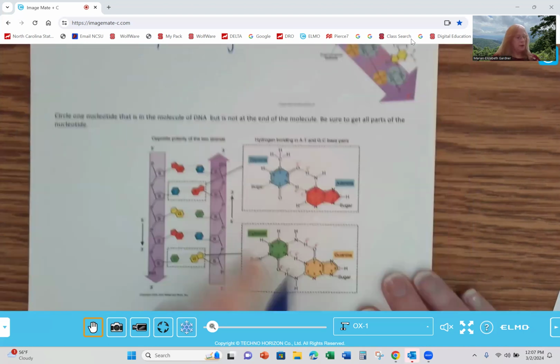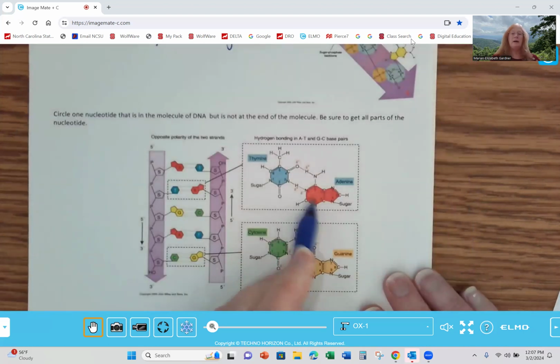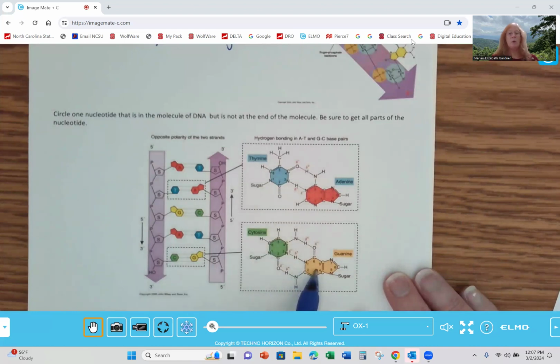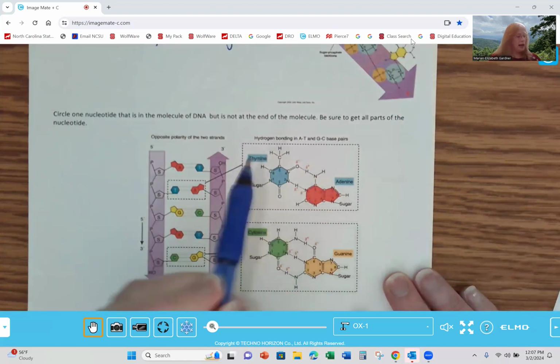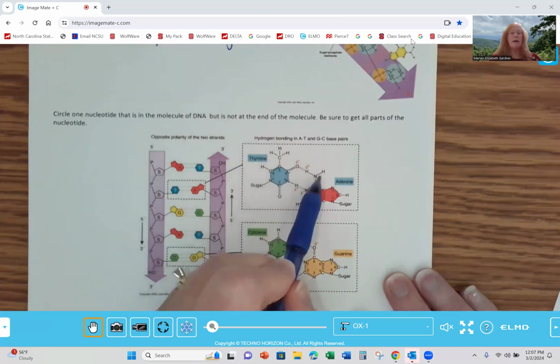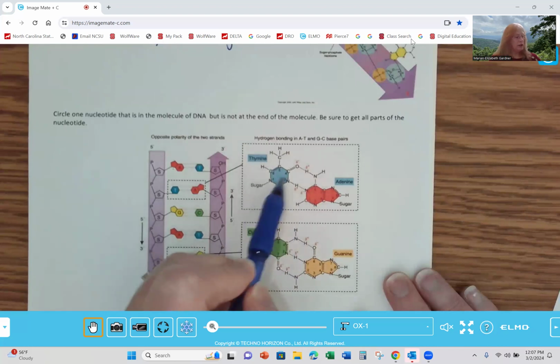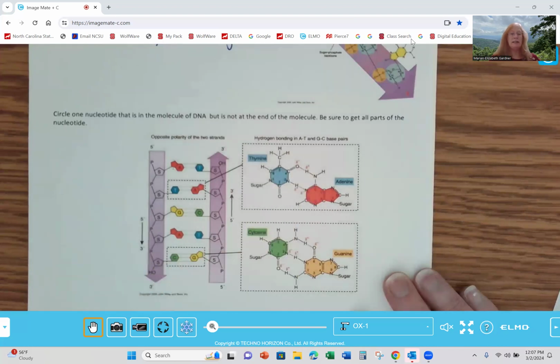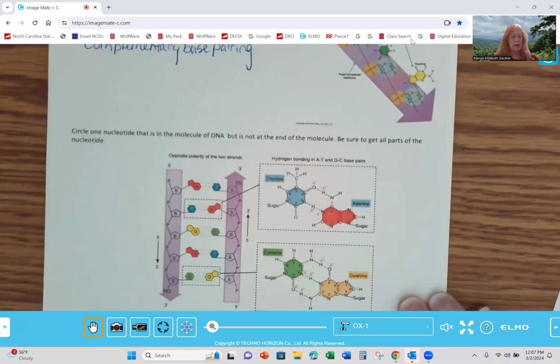So that we always pair adenine, across from that will always be thymine, and across from cytosine will always have guanine, and vice versa. Note that there are hydrogen bonds that can form between these base pairs. There are 2 hydrogen bonds on an AT base pair and 3 hydrogen bonds on the GC base pair.